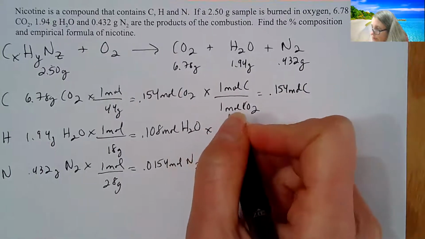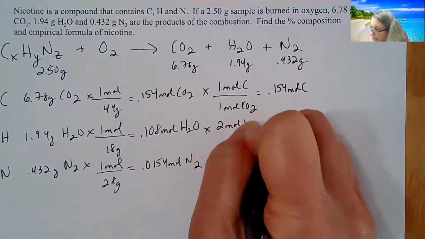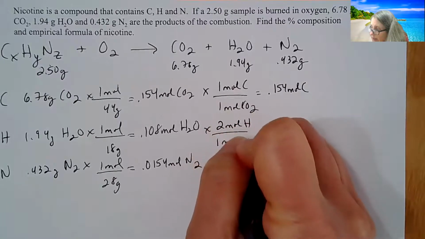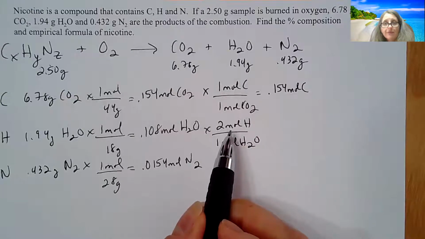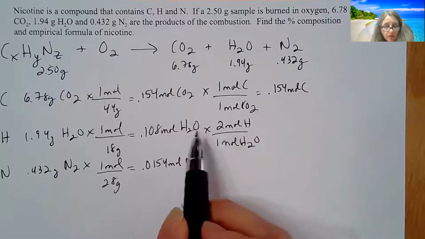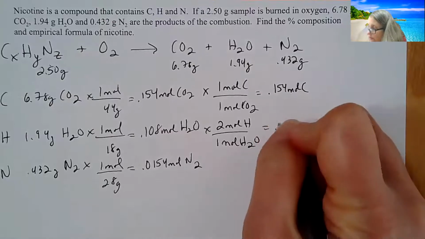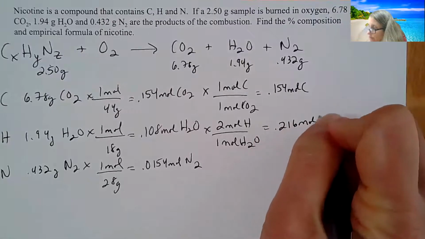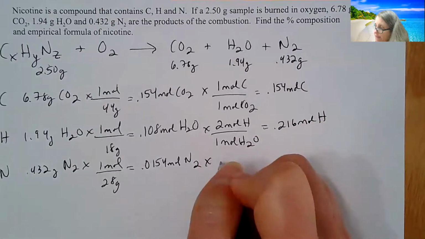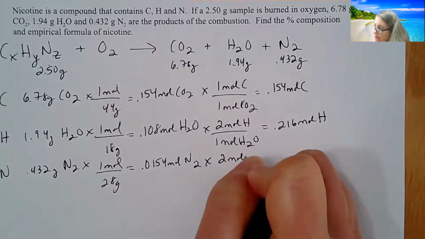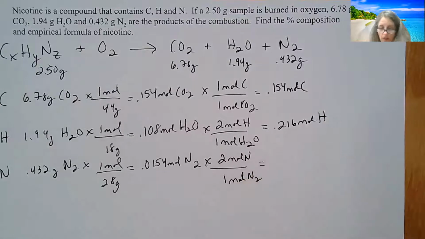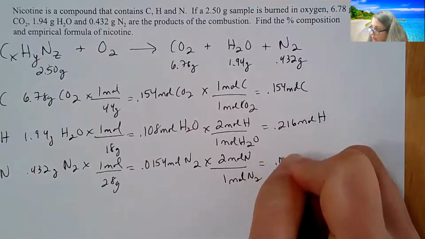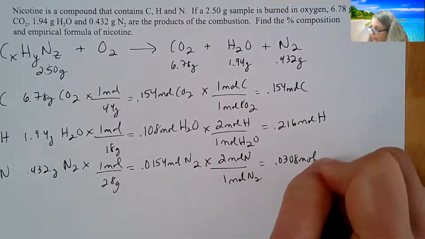The water is where it points out what I'm getting at here. I essentially have 1 mole of water, but I have 2 hydrogens in that formula. So I really have to take this number and multiply it by 2 to get the moles of hydrogen. And finally, my nitrogen: there are 2 nitrogens in that diatomic molecule of nitrogen. So I end up with 0.0308 moles of nitrogen.